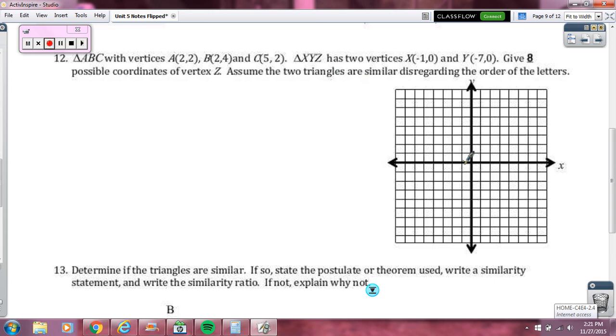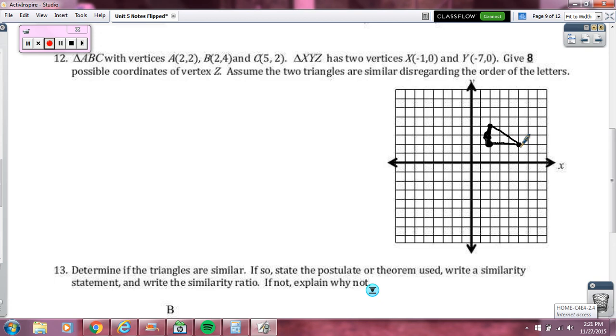Okay, so let's start by maybe graphing ABC. So (2, 2) would be here. (2, 4) would be here. Cool. And then 5, 1, 2, 3, 4, 5, (5, 2) would be right there.